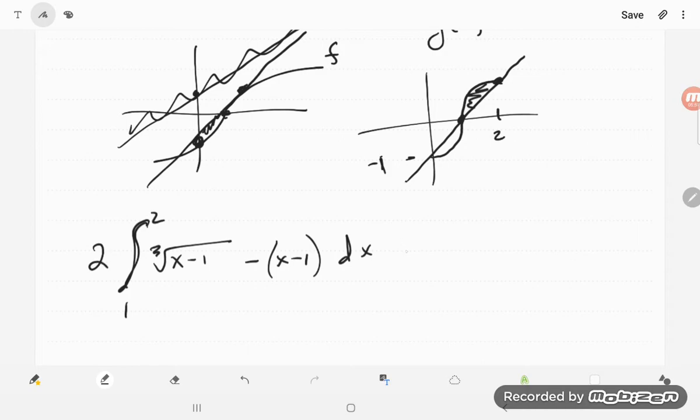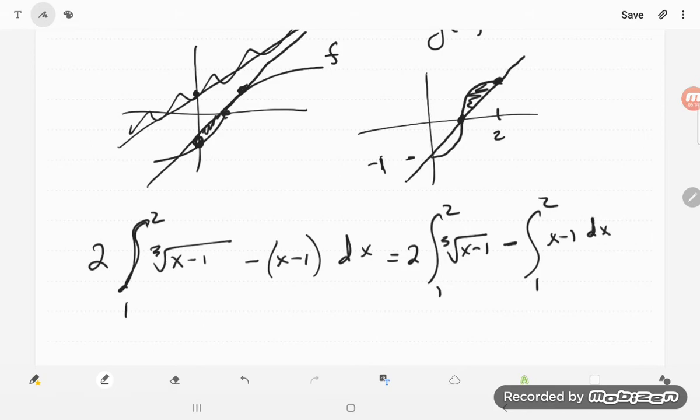That's my area. So then that equals, well, 2 times the integral from 1 to 2 of the cube root of x minus 1, and then minus the integral from 1 to 2 of x minus 1 dx.